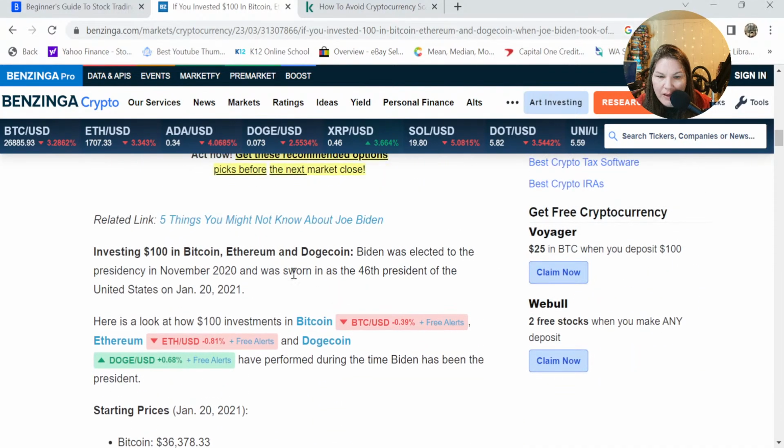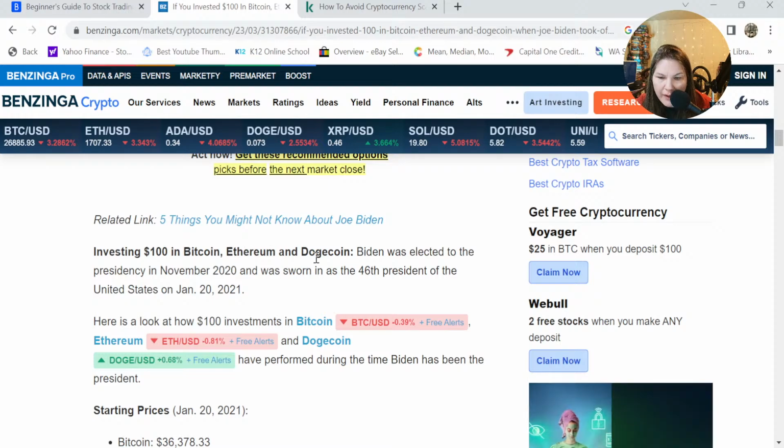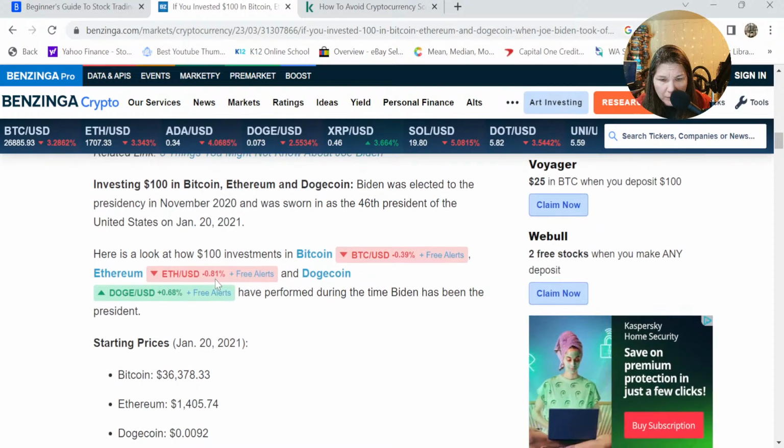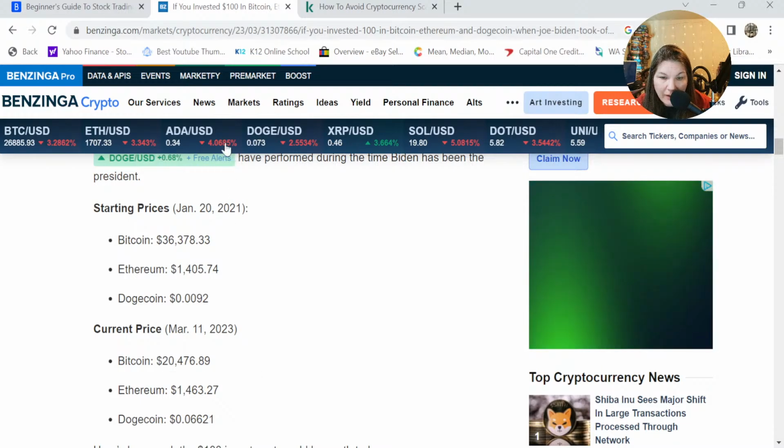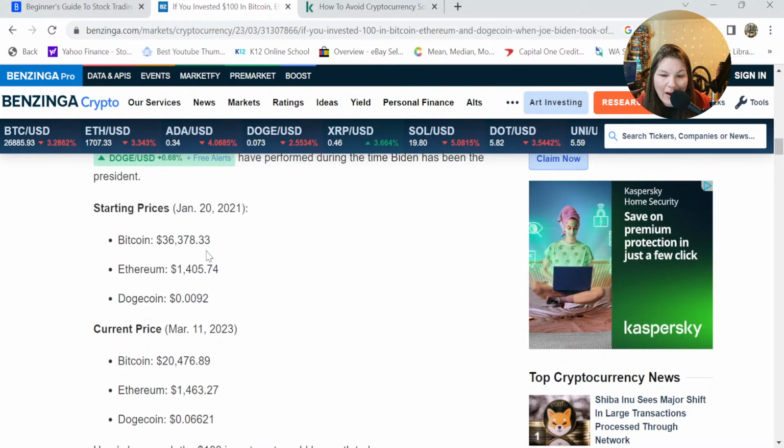They're telling us that if you would have invested $100 in Bitcoin, Ethereum, and Dogecoin when Biden was elected to presidency in November 2020. So if we would have did that, guys, Bitcoin started at 36,000. Bitcoin's current price is 20,000. Guys, it's went down by $16,000.